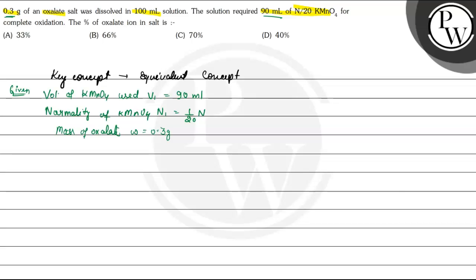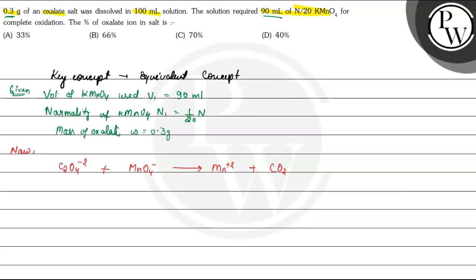Now if we write the equation for this, the equation is C2O4 2 minus, that is oxalate, reacts with MnO4 minus, and it forms Mn 2 plus plus CO2.